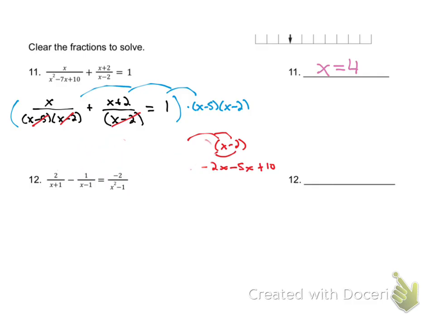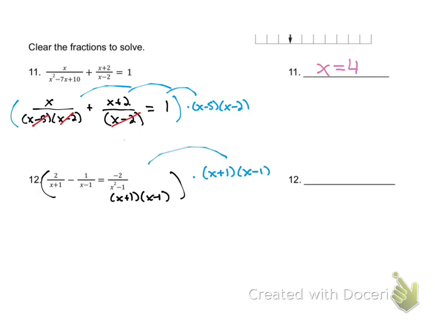Well, we multiply. So since the denominator is a difference of squares, x plus 1, x minus 1, we're going to multiply the whole thing by x plus 1, x minus 1. So distribute there.